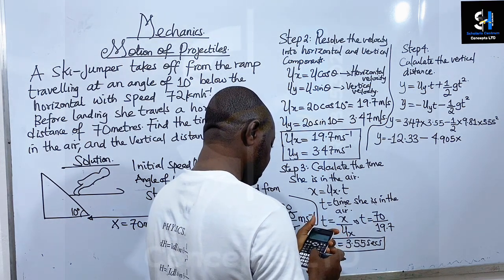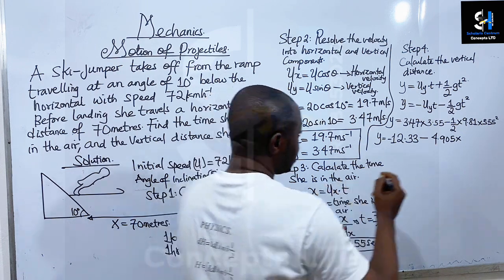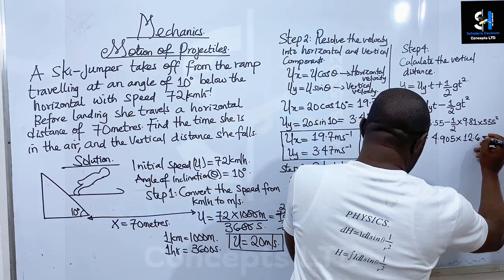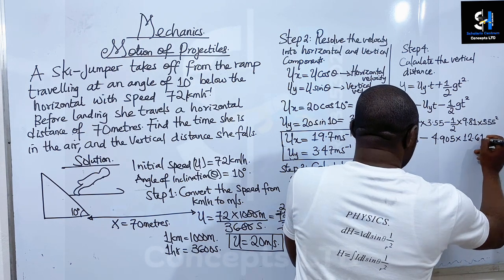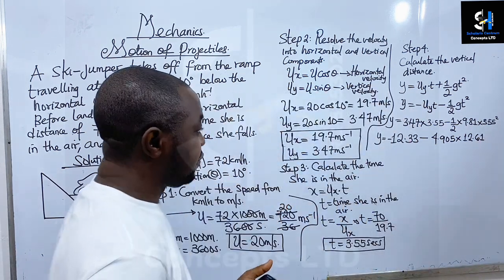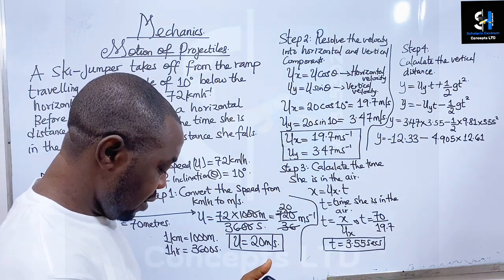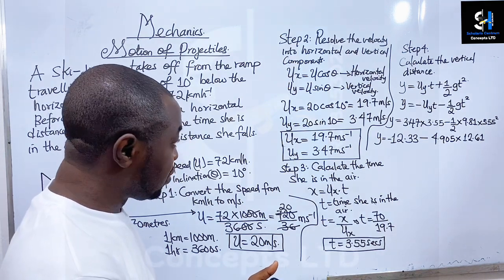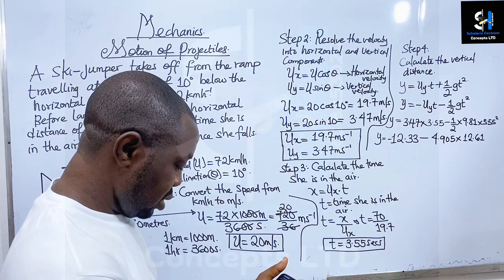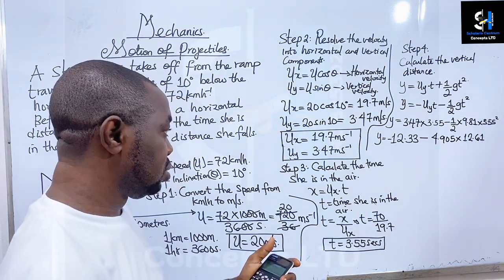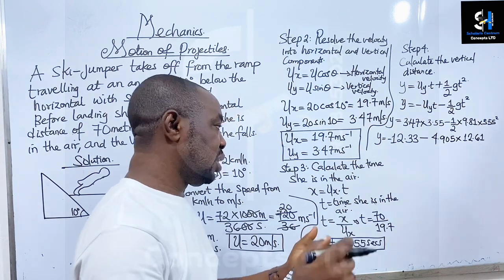3.55 squared is 12.61. Then 3.55 squared multiplied by 4.905 is 61.82.